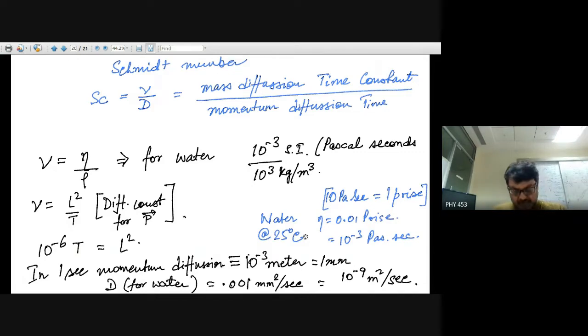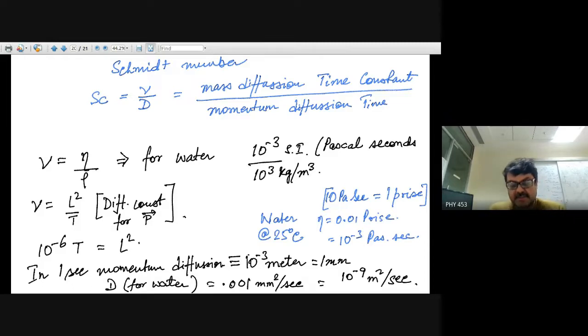The last thing to discuss is basically why the viscosity of air increases when you increase the temperature, whereas viscosity of water decreases as you increase the temperature. So what is viscosity?